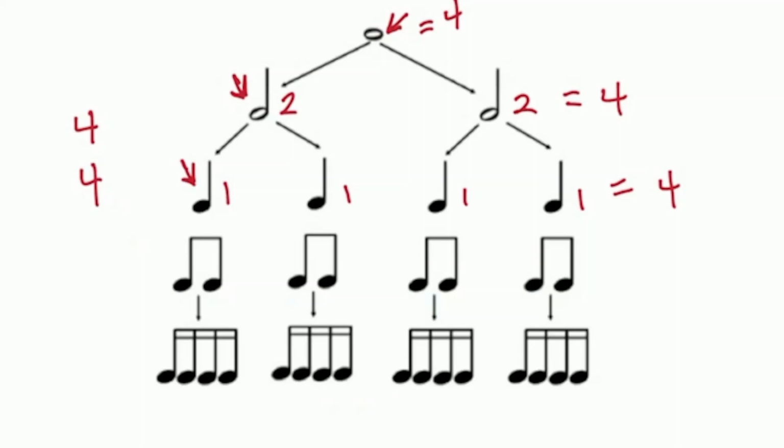So the question now becomes, how do we count beats that are less than 1 in 4/4 time? This is when we have to use what's called subdivision.